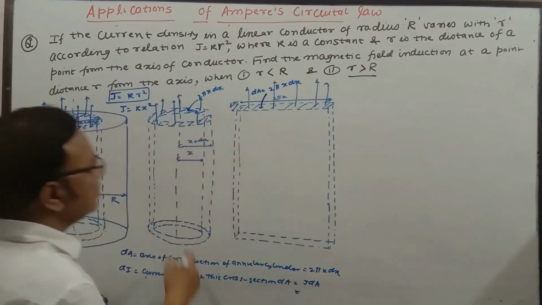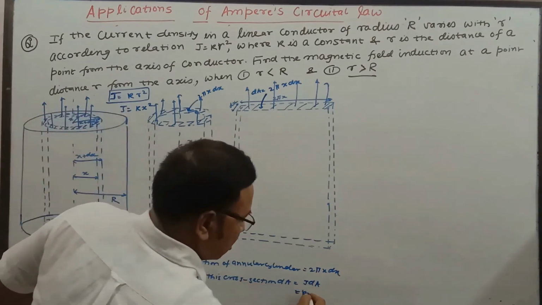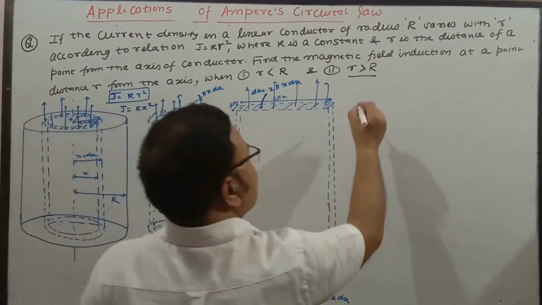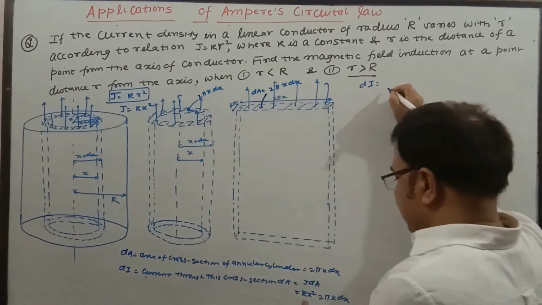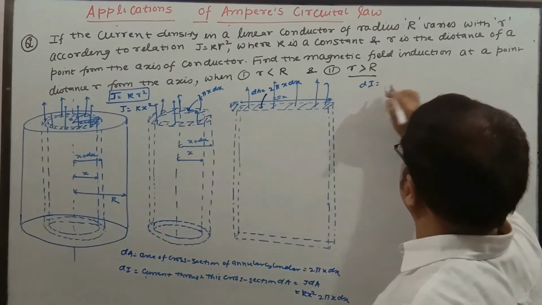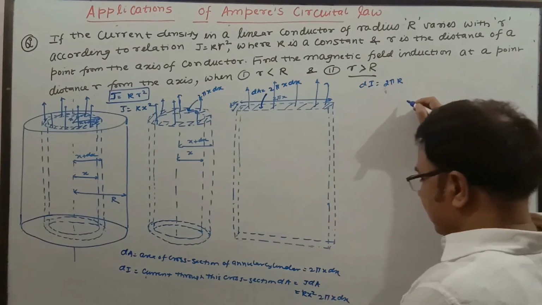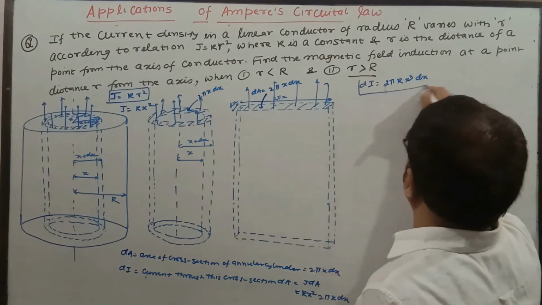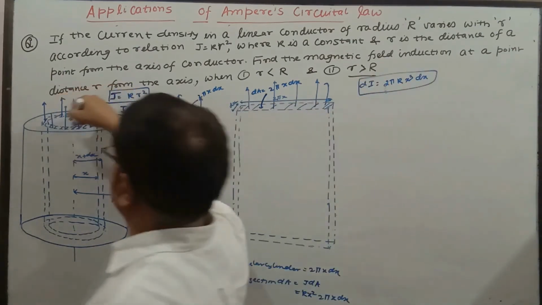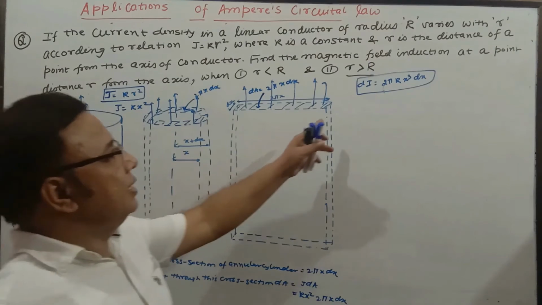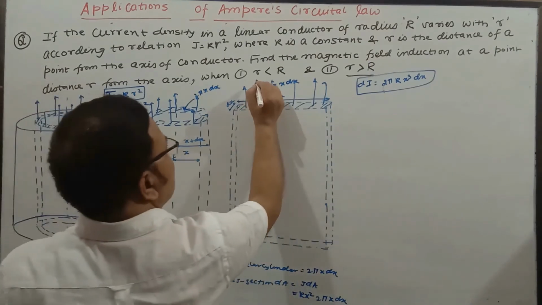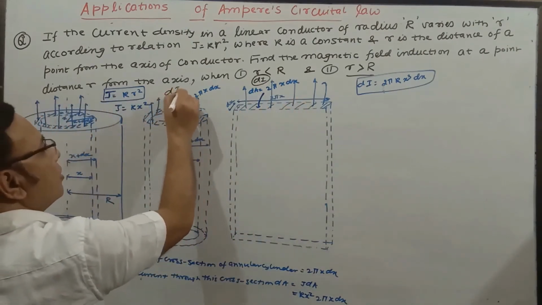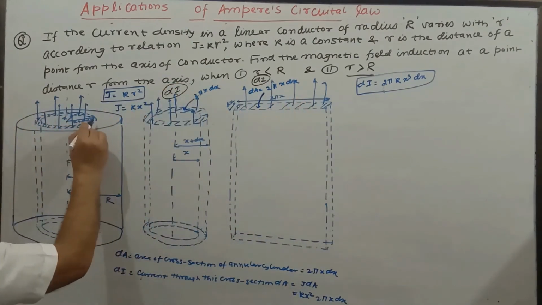What is J? J is k into x square and dA is 2 pi x dx. So what is the value of dI? dI is 2 pi k into x cube dx. So this is the current that is coming out through this shaded zone, dI, the total current coming out through this shaded section having radius x to x plus dx.